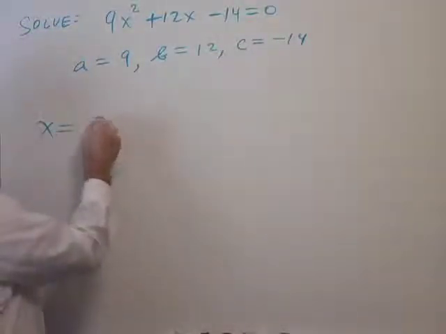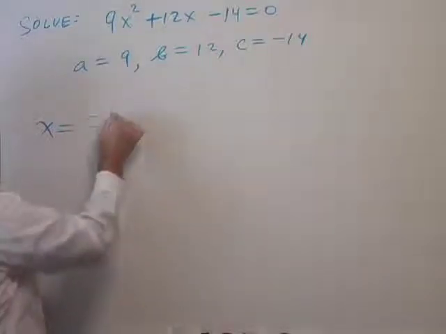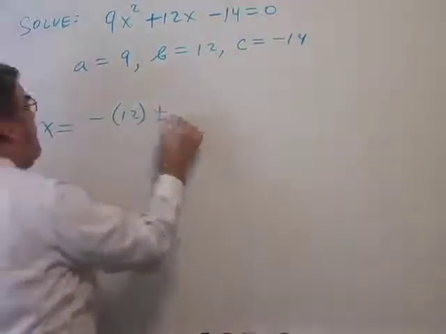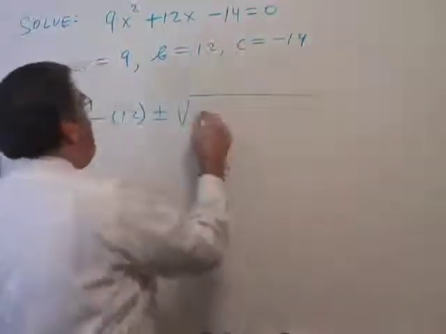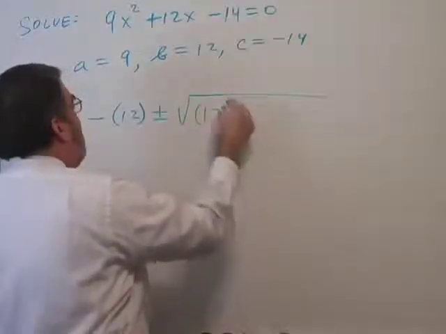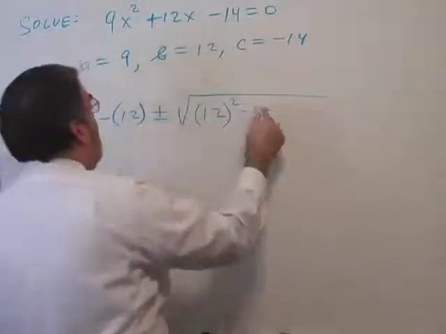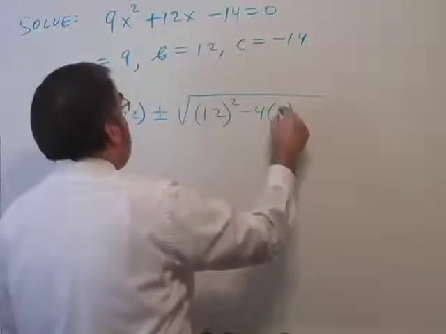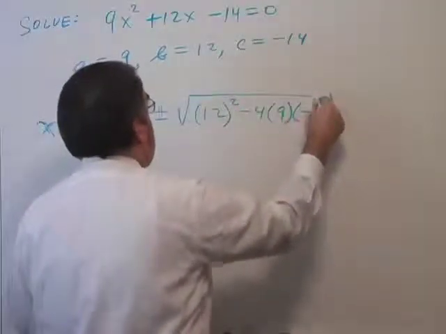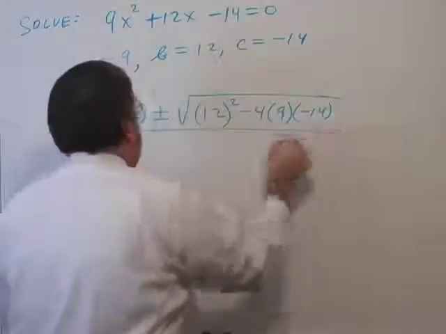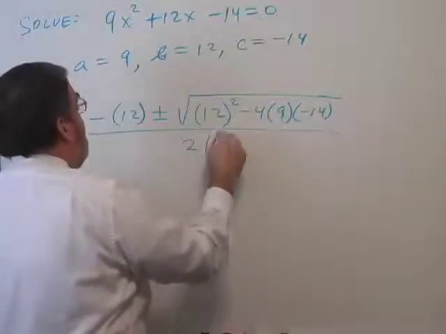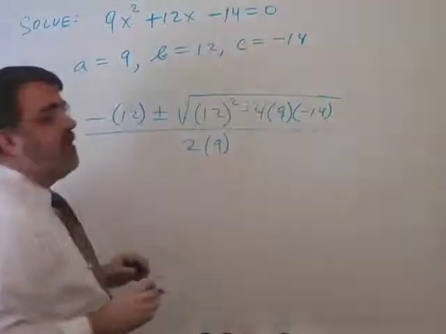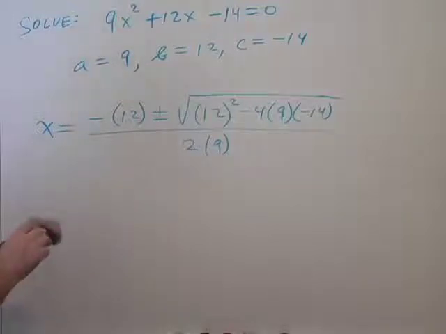X is going to be minus B, so it's going to be minus 12, plus or minus the square root of B squared, so that's 12 squared, minus 4 times A, 4 times 9 times C, negative 14. And everything is divided by 2 times A, or 2 times 9. All right, so those are the correct numbers, presumably.